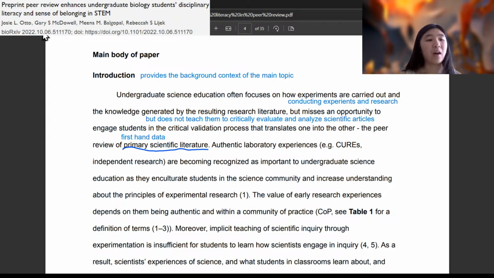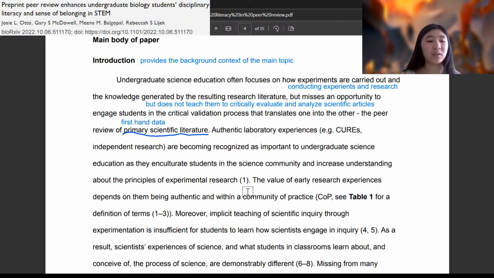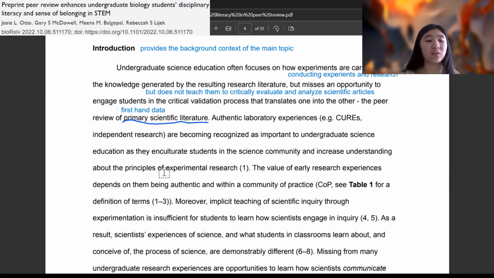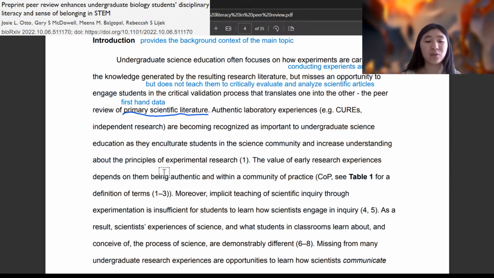All right. Authentic laboratory experiences, for example CUREs, independent research, are becoming recognized as important to undergraduate science education as they enculturate students in the scientific community and increase understanding about the principles of experimental research. So it's basically saying real-life lab experience is being recognized as important for teaching college students as they become part of the scientific community.